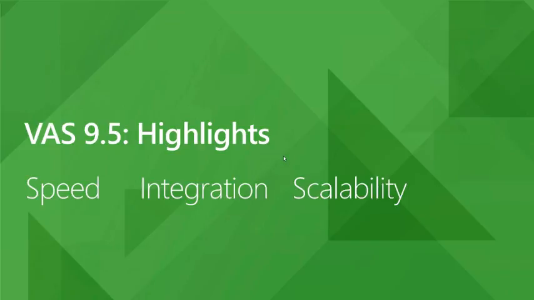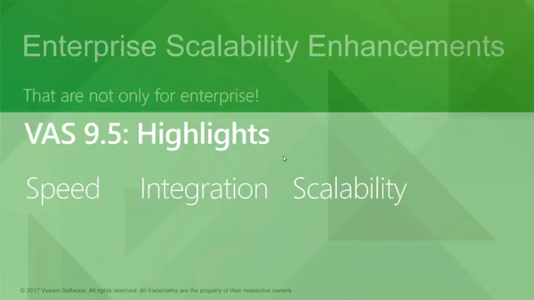Each of these features has been targeted to perform every action faster and leverage additional options of integration. Each of these features has been released to provide an extreme level of scalability in your environment. Everything to provide you the level of availability your business has never faced before. So it even sounds cool. We've been focused on the speed, the integration, the scalability. Let's just check a couple of them.